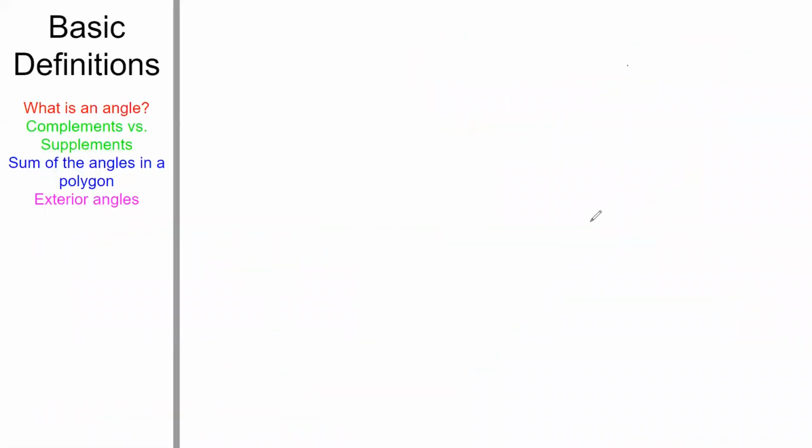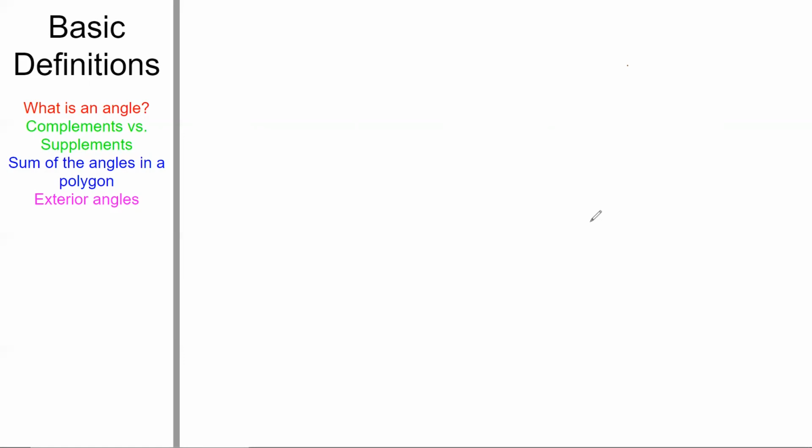Okay, so we're going to go over some basic definitions here. And I'm not sure what geometry background you guys have, but we're going to start with the most basic question here. What is an angle? So an angle is basically any degree measure.